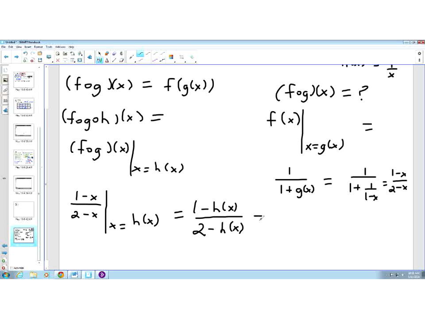Right? And so we just wire in the definition for h of x. That would be 1 minus 1 over x divided by 2 minus 1 over x. And so that's equal to x minus 1 over 2x minus 1. So there's a triple composition.